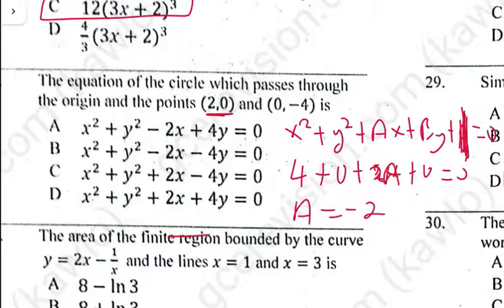When you do the same thing with the point (0, -4), you find that b is equal to 4. When you substitute the values, you have the first one.